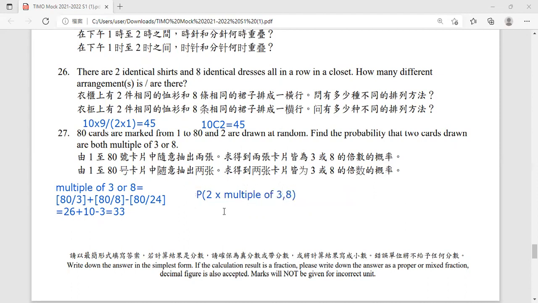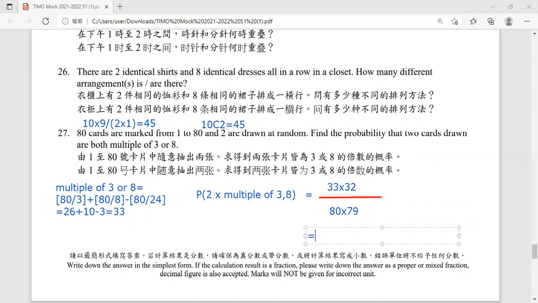We have drawn 2 cards, so this is 80 times 79, because you are not putting it back, and on top 33 times 32.